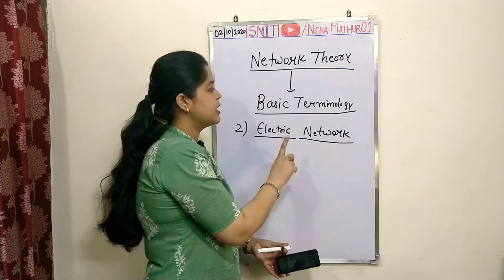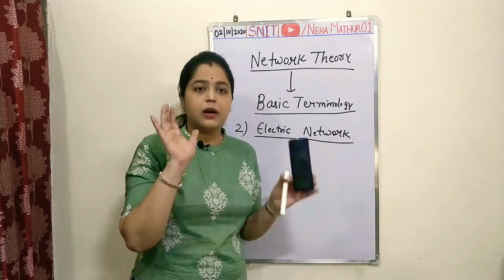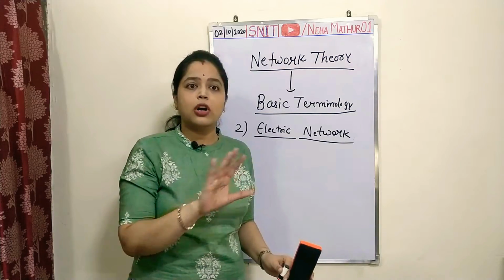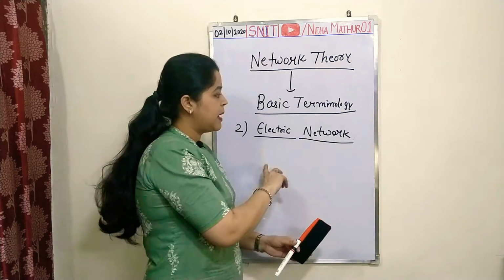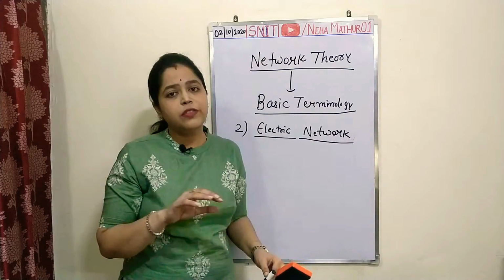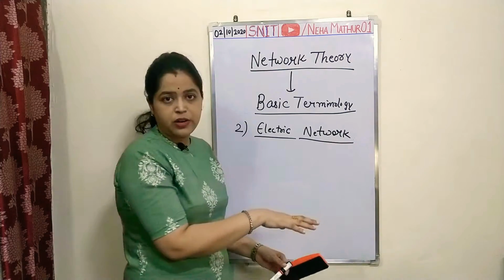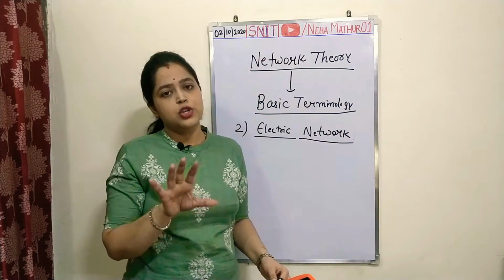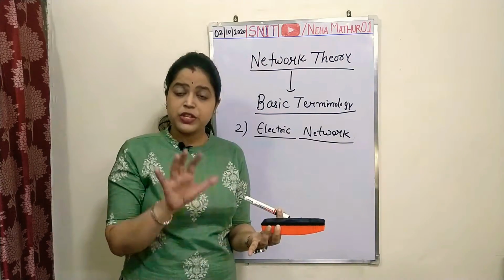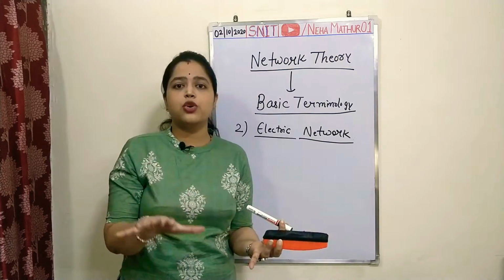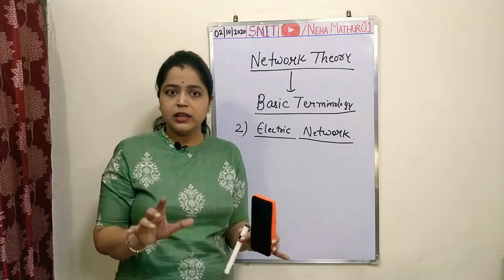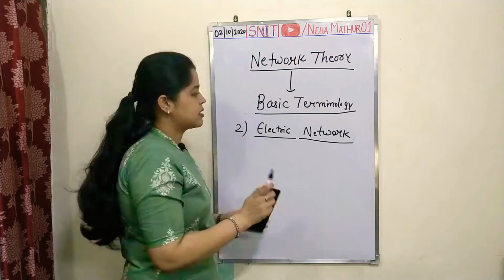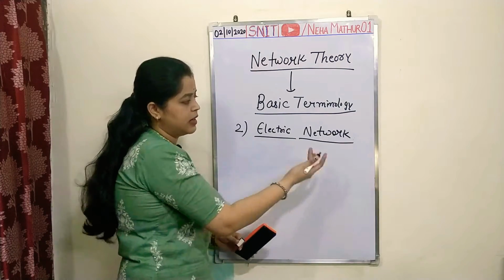An electric network is again a path containing a number of electronic components, but it is not necessary that the path should be closed. Or we can say that an electric network need not be a complete or closed path. So, any network which contains several basic electronic components, but there is no necessity of the closing of that path, that kind of network is said to be an electric network.